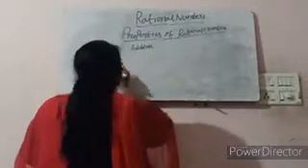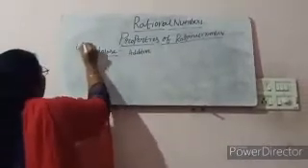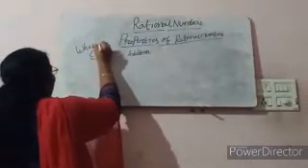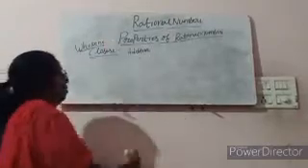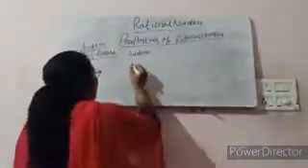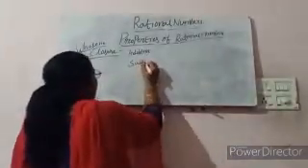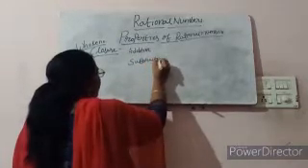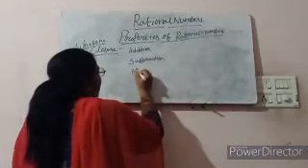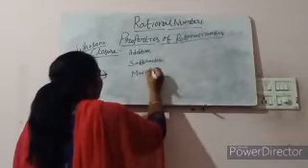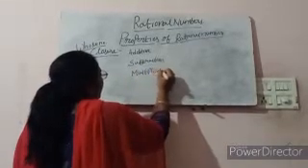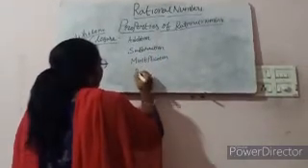I am checking closure property for whole numbers for all operations: addition, subtraction, multiplication and division.